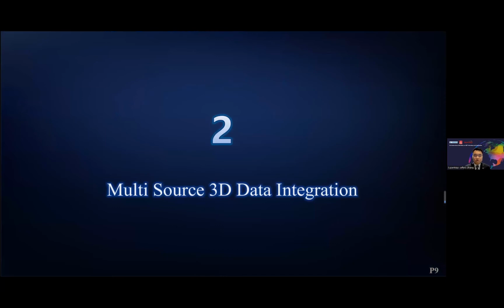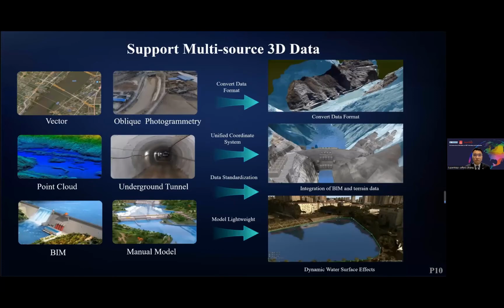So from us, first of all, we will provide you a solution to manage the multi-source data, and especially for the 3D data. For the 3D data, we provide the multi-source data integration technology. You can see from this page, we have the vector data, we have the point cloud, we have the building information modeling.